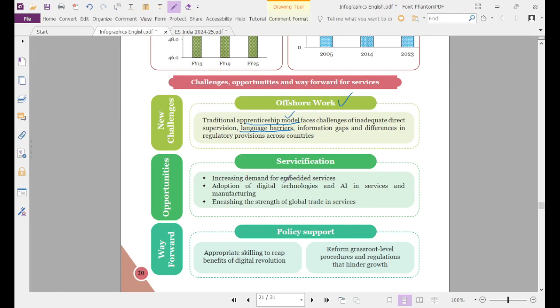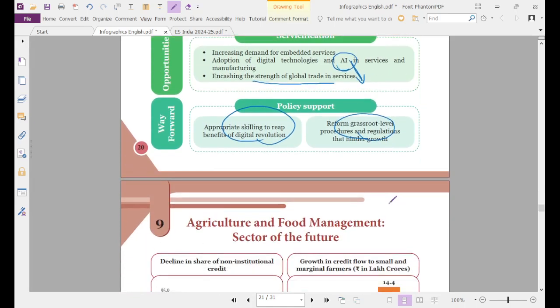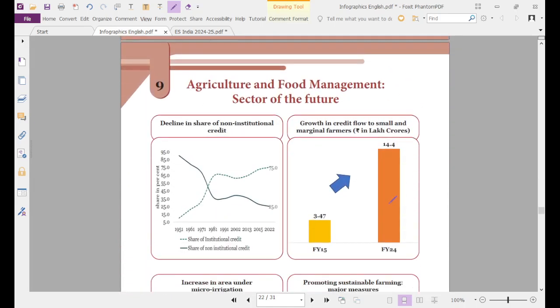And servicification means a changing trend in the AI and digital world, and strengths have to be harnessed in this direction. Policy support is needed, especially because of the existing skill gap. Reforms happening at the grassroots have to be regulated. There is a lot of regulation lacking in this area, which will shape the future of the service sector. That has to be kept in mind, and measures put forth to address it.